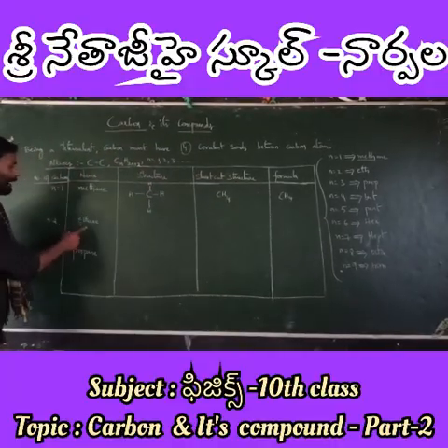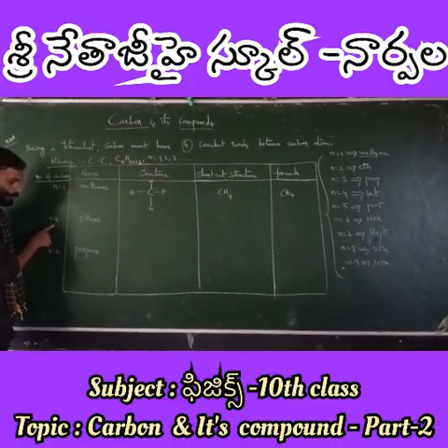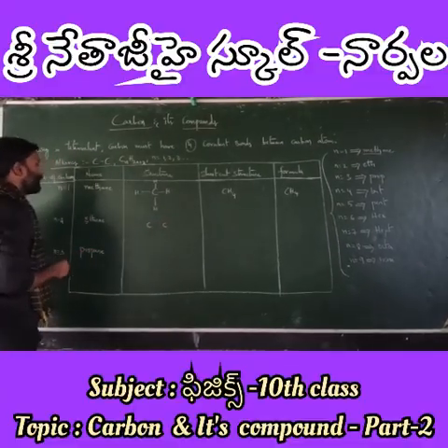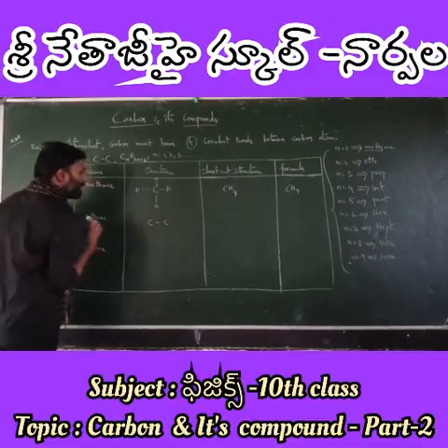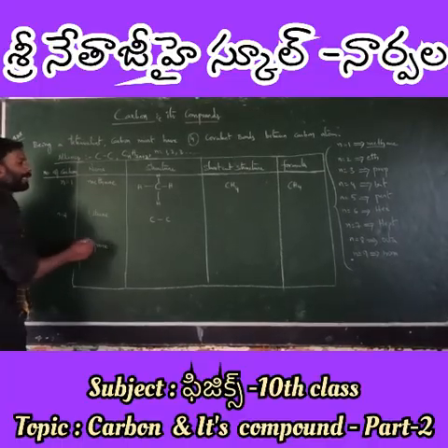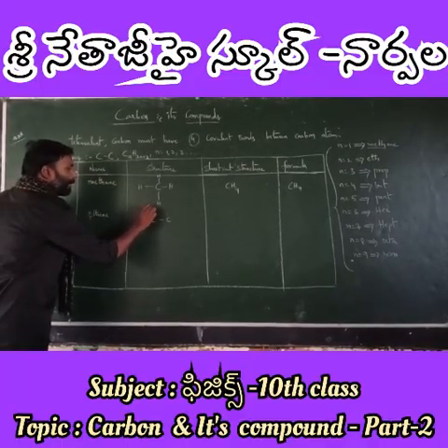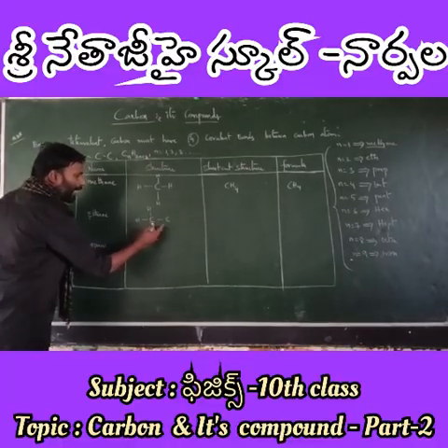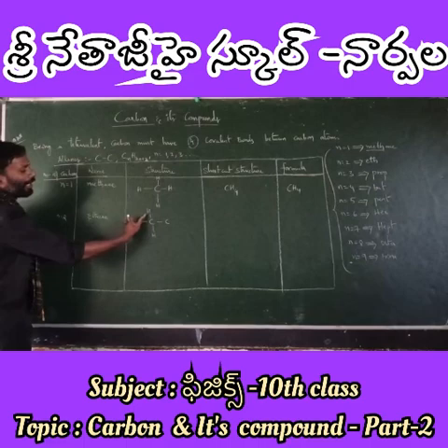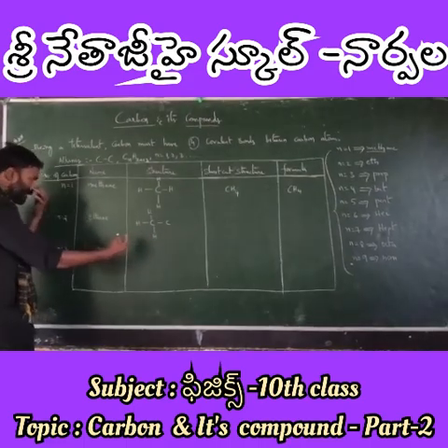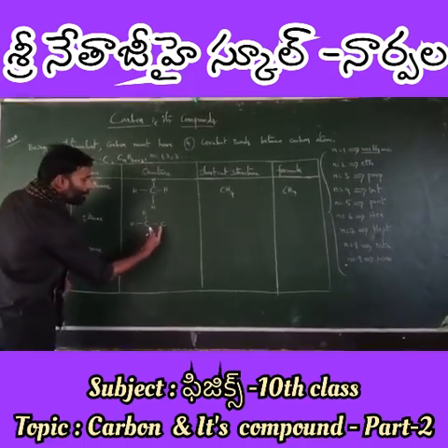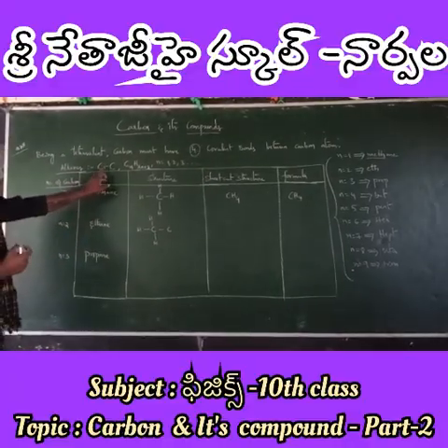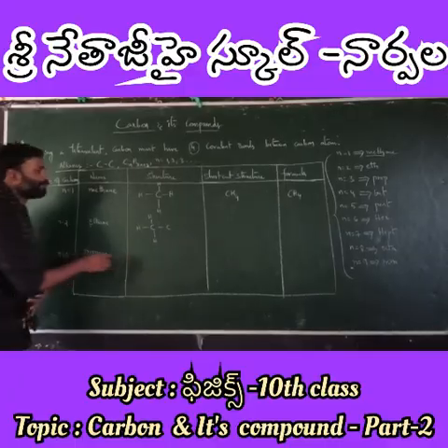Right. Next for ethane, n is equal to 2, which means there should be 2 carbons present and there should be a single bond, since this is a saturated hydrocarbon, and every carbon must have 4 covalent bonds. Already a single bond is present, so 1, 2, 3 on either side of the carbon. Here this single bond counts for both the carbons because there should be a single bond between 2 carbon atoms.